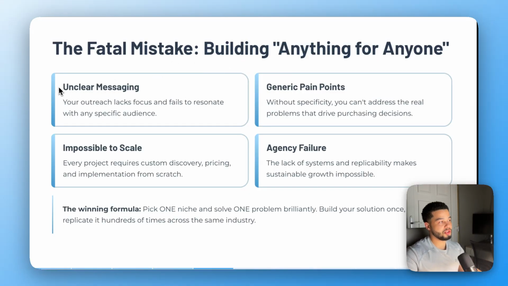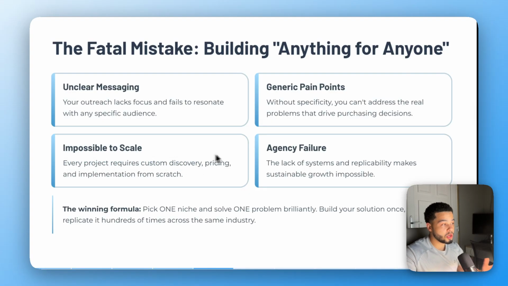The reason why is because you have unclear messaging. Your outreach lacks focus, and it fails to resonate with any specific audience. You're giving off generic pain points. Without any specificity, you can't address real problems that drive purchasing decisions. It's impossible to scale because every project requires you to do a custom discovery process.